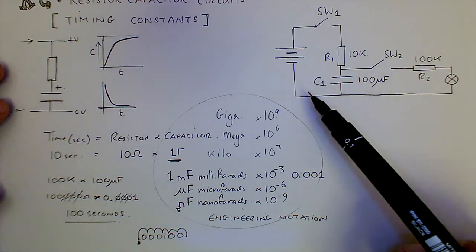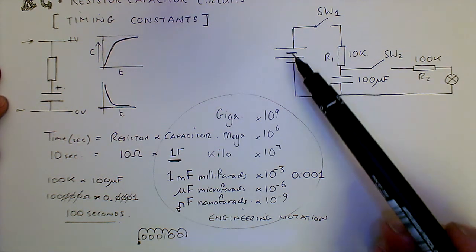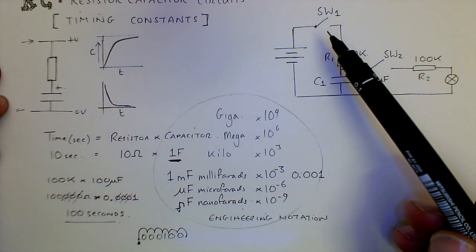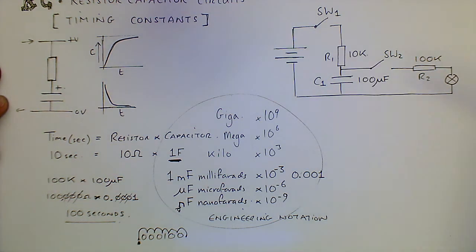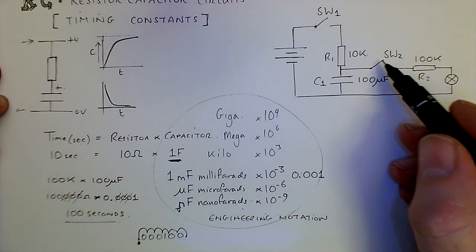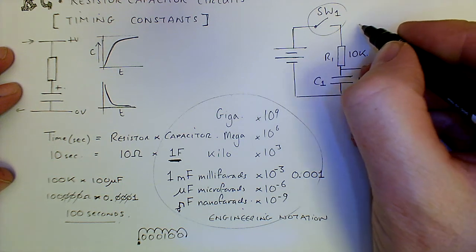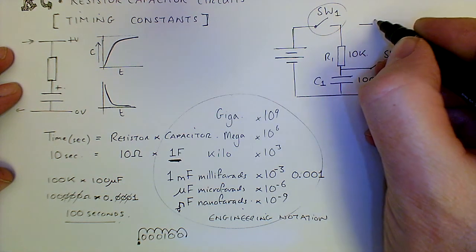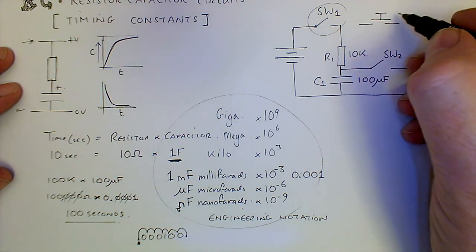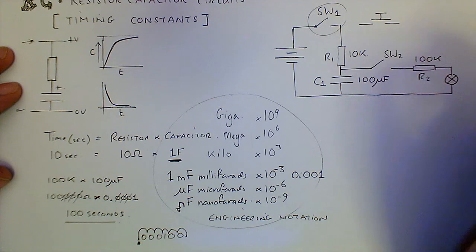So give yourself a couple of minutes and we'll come back and have a look at this. If you want to pause, I want you to try and figure out what happens when you close switch 1 and then open it again, and what happens when you close switch 2 and then open it again. In fact, it would be useful to replace that with a switch symbol like so. This is a push to make switch. You push it down and hold it down, then it springs back open again.